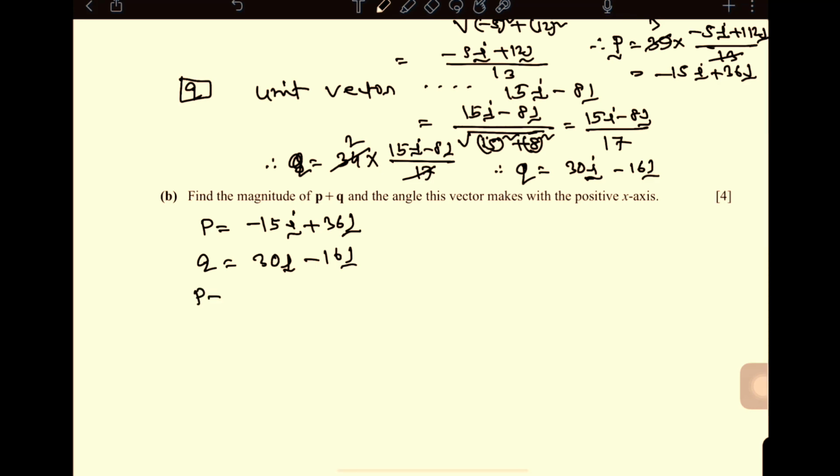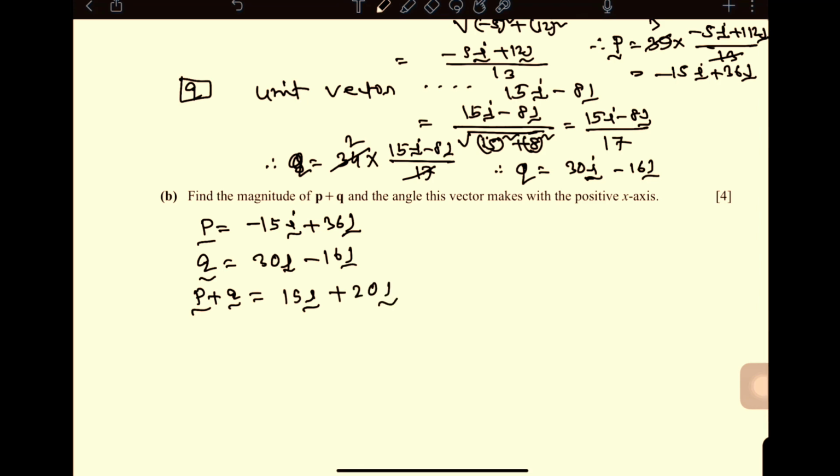These are all vector quantities, so in print it will be in bold form, and when we are writing we can underline. So this is 30 minus 15, it is 15i, then it is plus 20j.